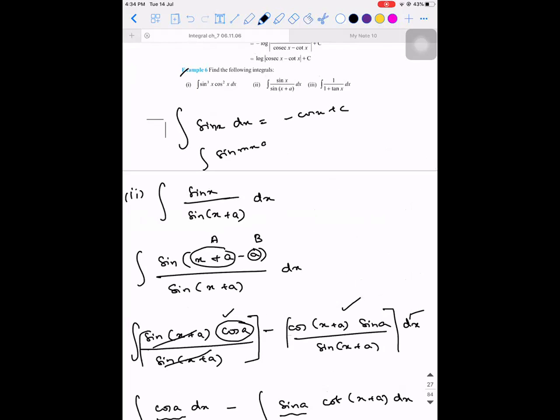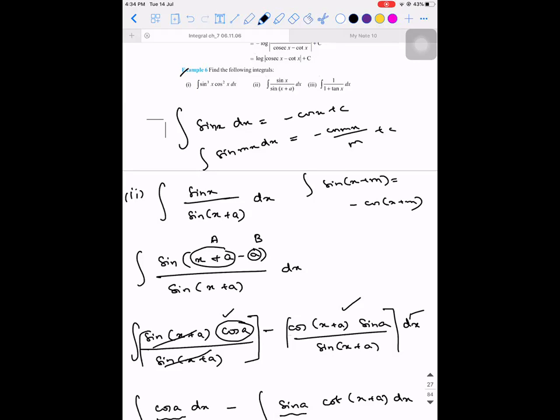The integral of sin mx is minus cos mx divided by m plus c. The integral of sin of (x plus m) is minus cos of (x plus m) only. Why? Because we are adding m to x, you're not multiplying.